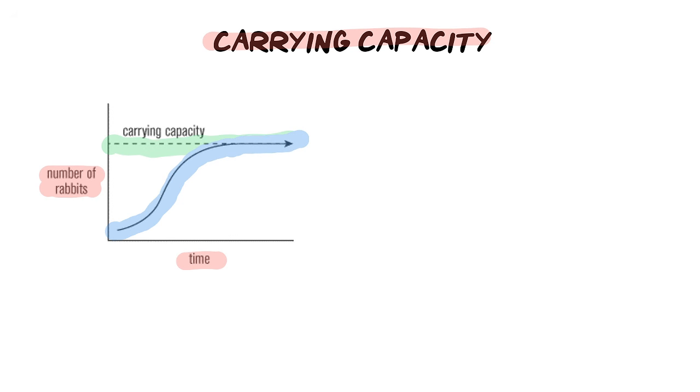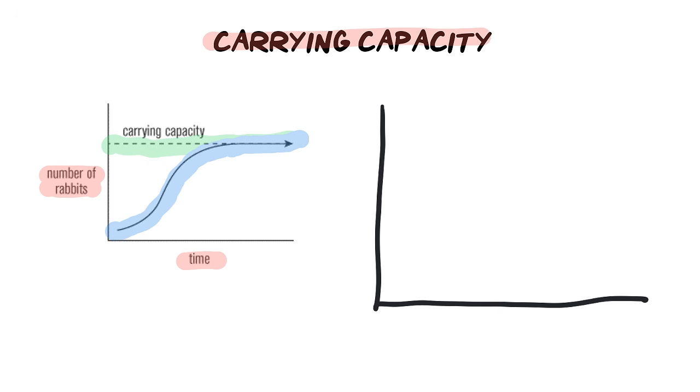But there's a little bit more to this story. If we look at the same graph again and we insert the carrying capacity here as the dotted line, the carrying capacity can actually move down and it can move up depending on how many resources and individuals there are. So what I mean by that is, if there are far too many individuals, the carrying capacity can move down permanently.